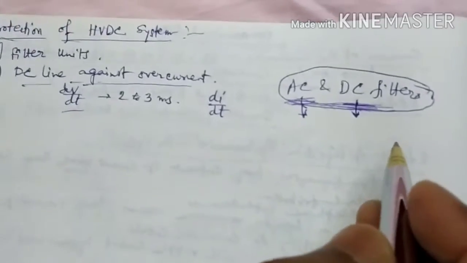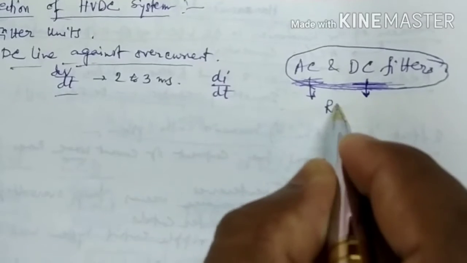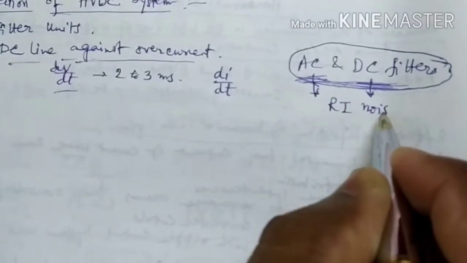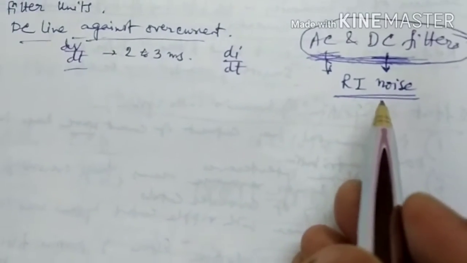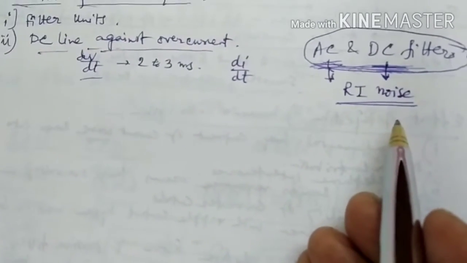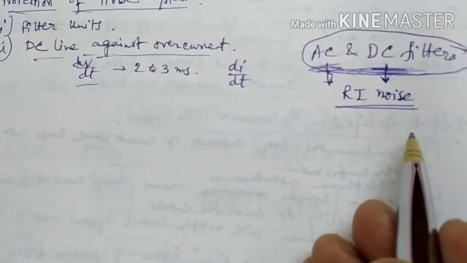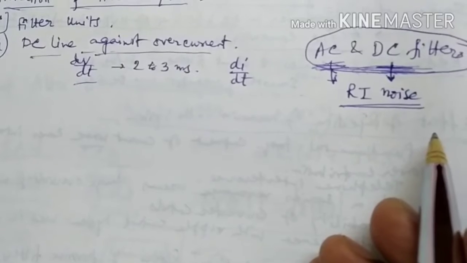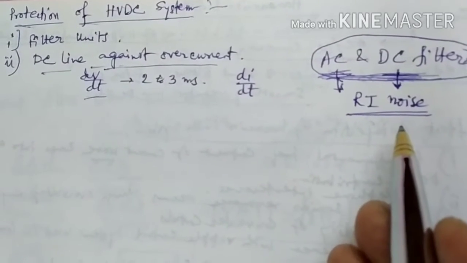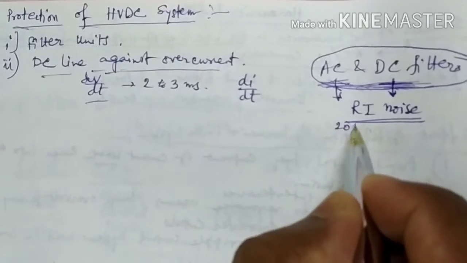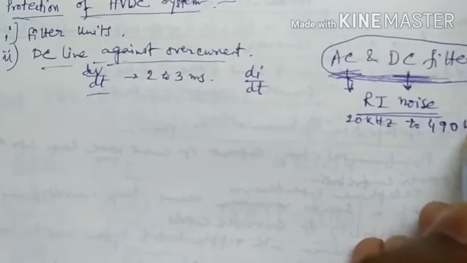And another point, let us discuss what is RI noise. As HVDC systems generate harmonics, the converter stations can produce high levels of electric noise in the carrier frequency band of 20 kHz to 490 kHz.